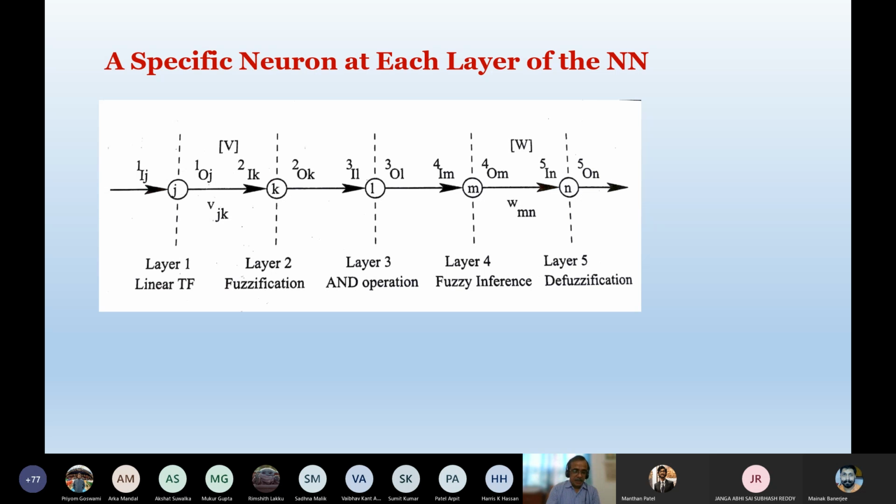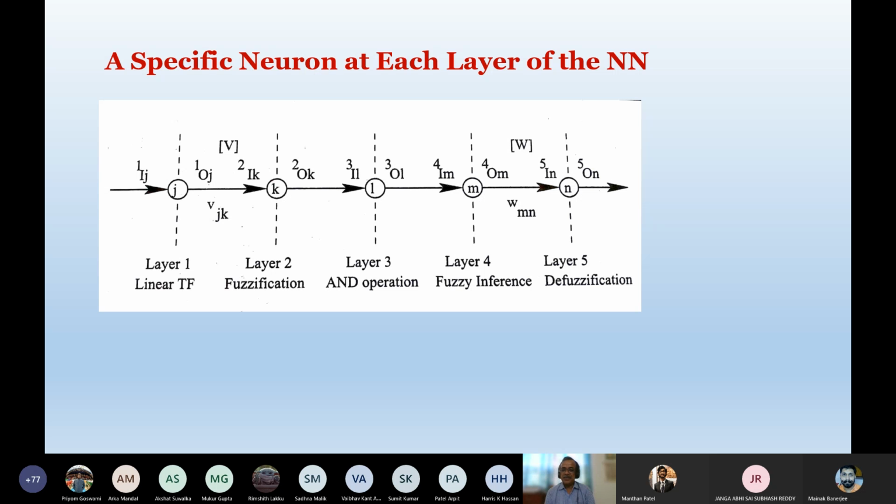Okay. Now, this schematic view shows the input and output of each of these layers, which I've already discussed. Let me repeat a little bit. This is layer 1, the linear transfer function. I pass the input, I get the output. That output will be multiplied by this particular VJK, but here this VJK indicates something else.